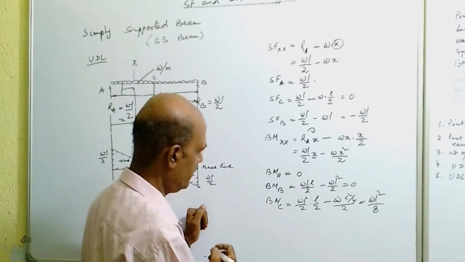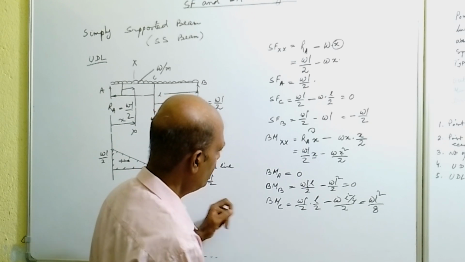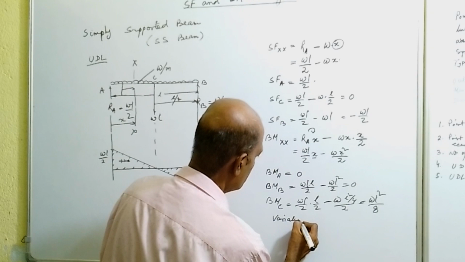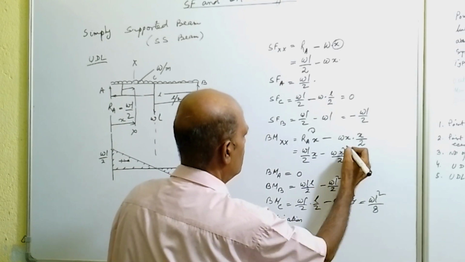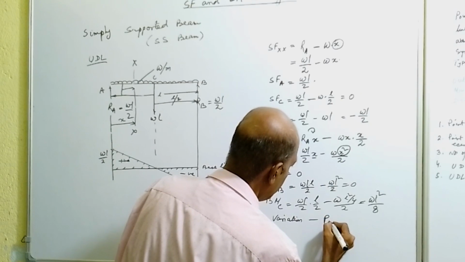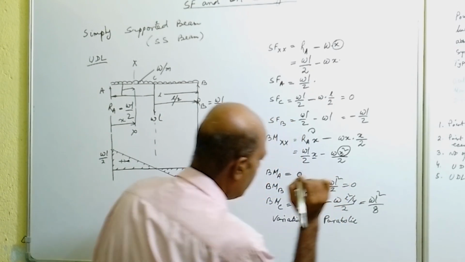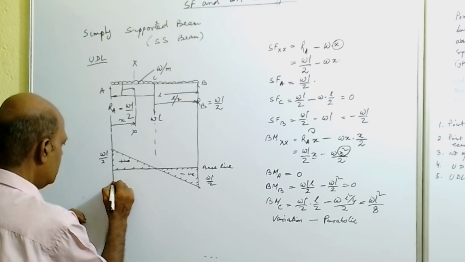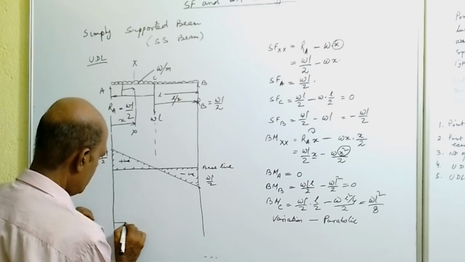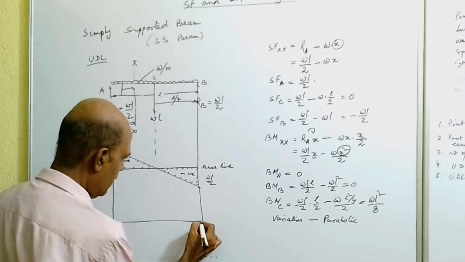Now one more thing, that is variation. The curve varies with X square, so that means the variation will be a parabolic variation. Now with this information, extend this line, draw the baseline first. All the bending moments are positive in nature.